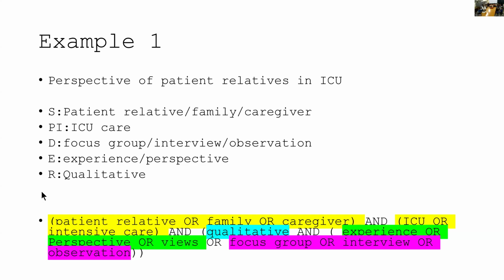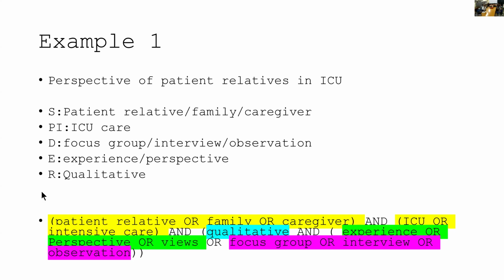Questions from online participants. For the people learning here, what you mentioned, getting everything, search librarians call a sensitive strategy, where you don't miss any important article. Then you get a lot of junk.